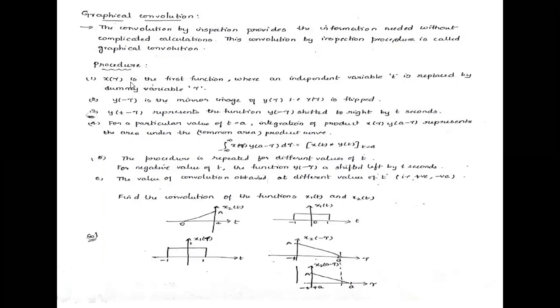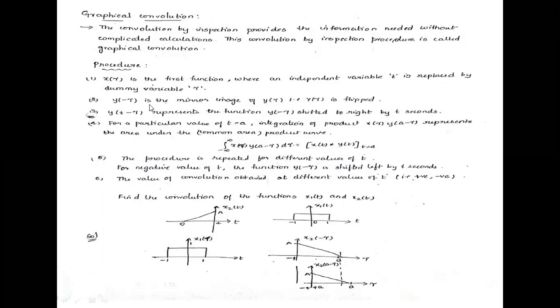So yesterday we completed this one: the procedure we have to follow to find the convolution using the graphical representation. First of all, take x of t as the first function, where the independent variable t is replaced by the dummy variable tau. Why do we replace t by tau? Because in the formula itself, x of tau and y of t minus tau appear.